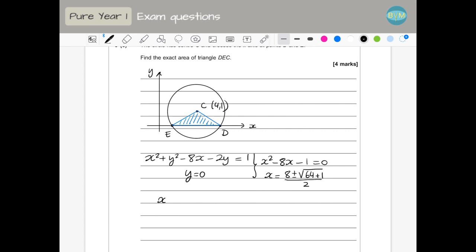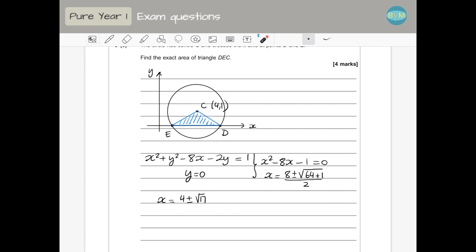And when you simplify a bit, you have 4 plus minus root 17, which are the x coordinates of this point and this point. So this is going to be 4 plus root 17 and this is going to be 4 minus root 17.